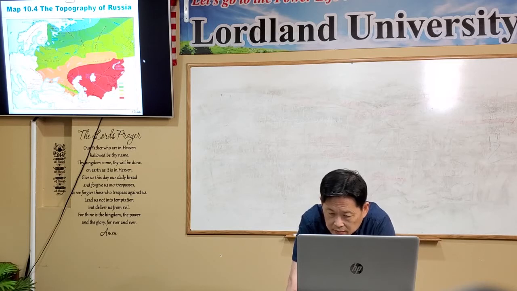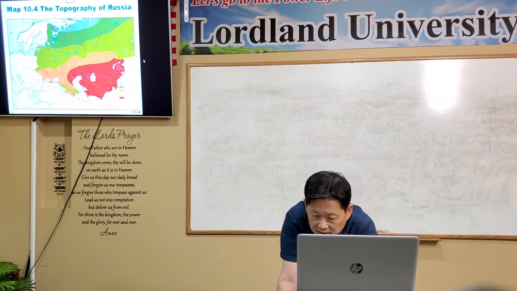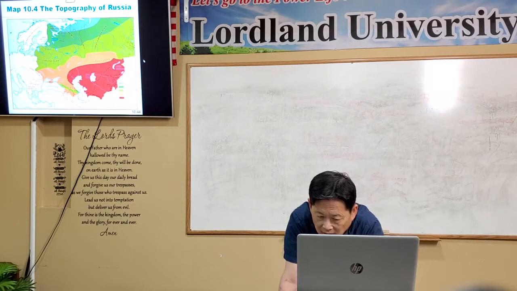Dark green color represents taiga, right? Green color represents mixed forest, right? Brown color represents steppe. Dark brown color represents the desert.